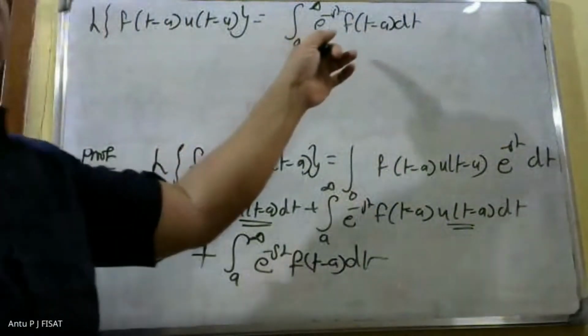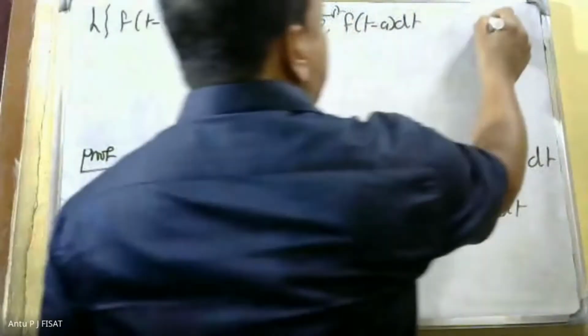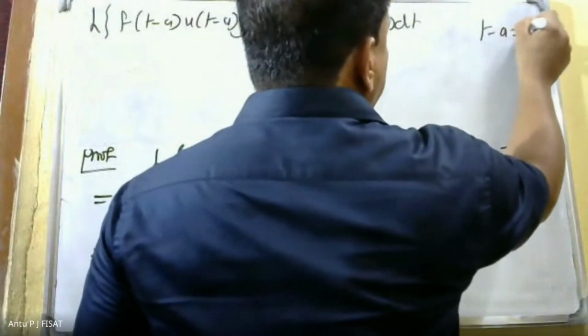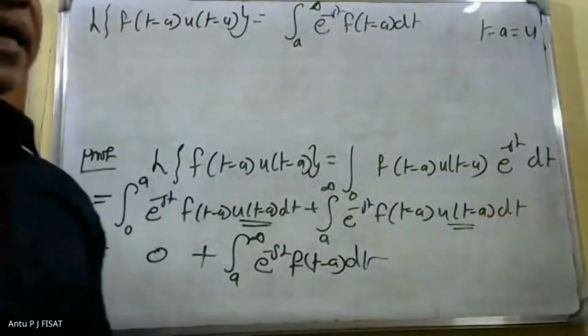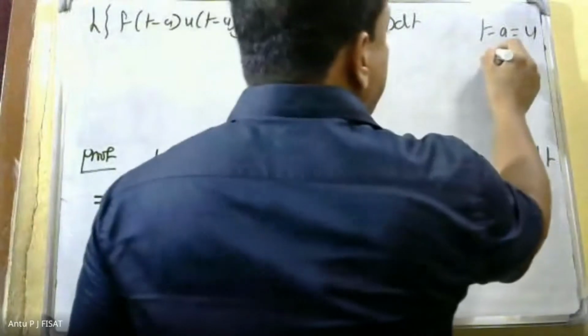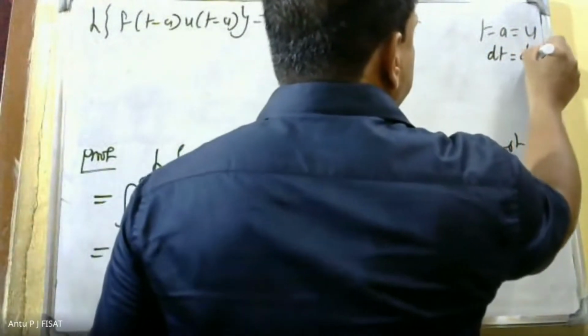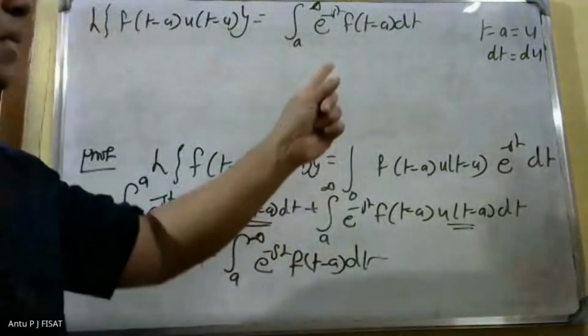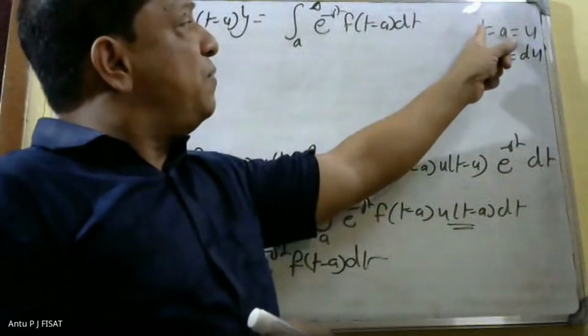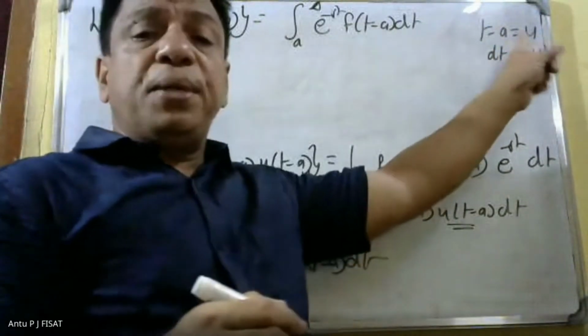To integrate this function, we take t minus a as u. Therefore, dt will be du. When we change the variable t to u, the limit will be changed.